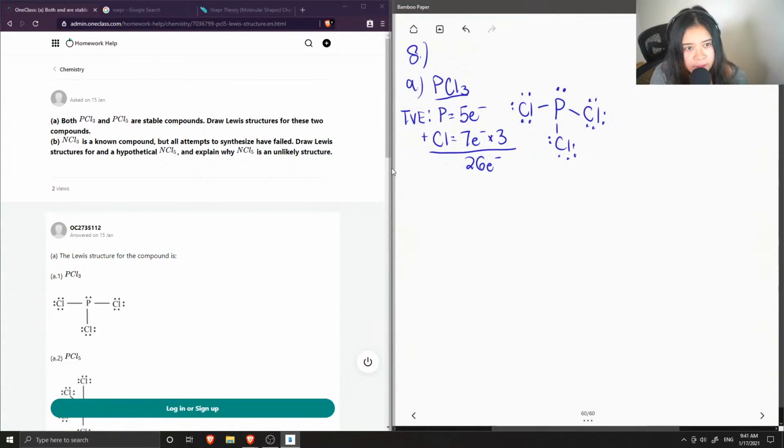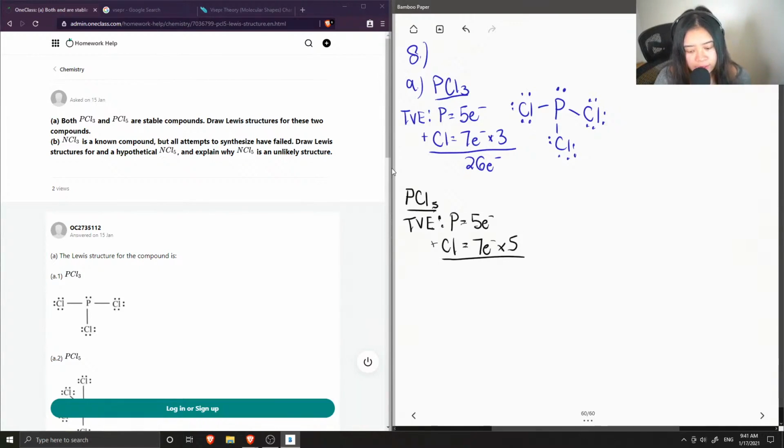So now let's try to do the structure for PCl5. It's going to have total valence electrons with phosphorus 5 plus the chlorine, which is 7 times 5 this time.